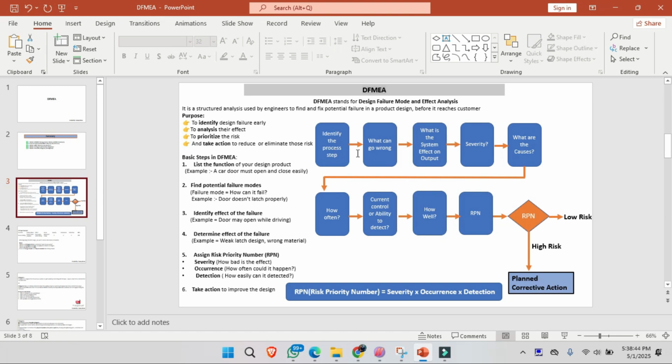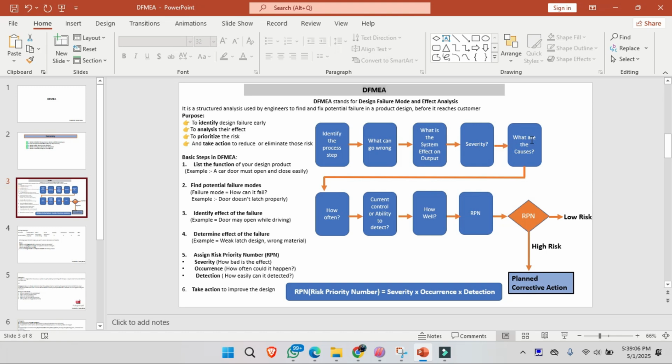Identify the process, then what can go wrong, and then what is the effect on your output, on your system, on your part. After that, what is the severity? Severity means how bad the effect is on your part, on your system.